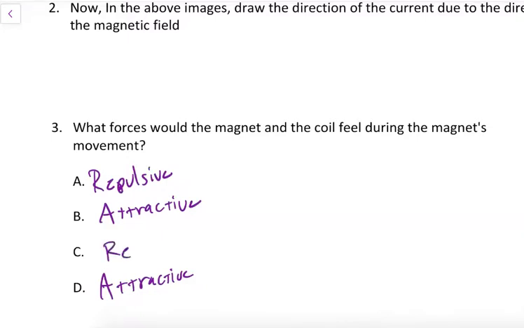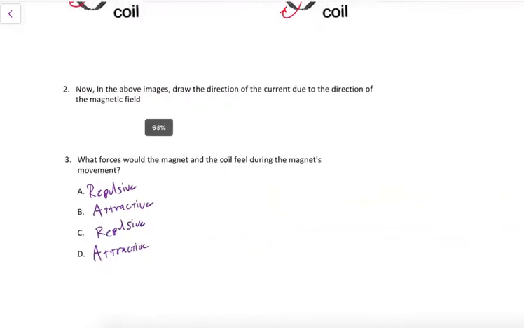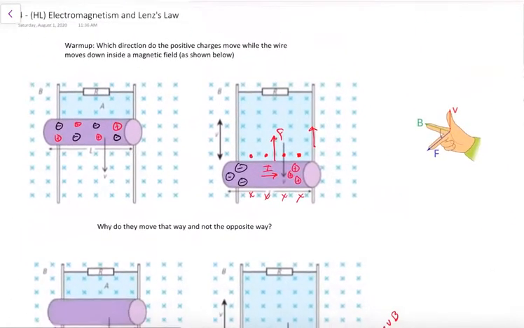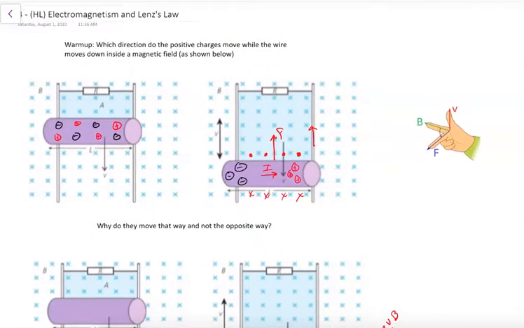And this ends this lecture, 21 minutes. So we started with how the direction of the current is produced, and why it is in that direction. It's due to conservation laws. This is really just a conservation of energy.